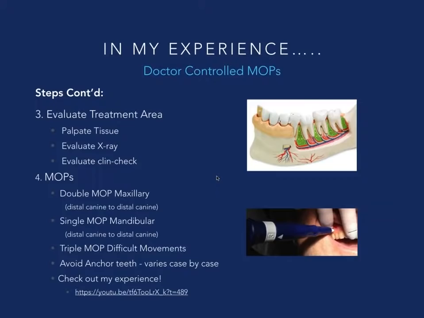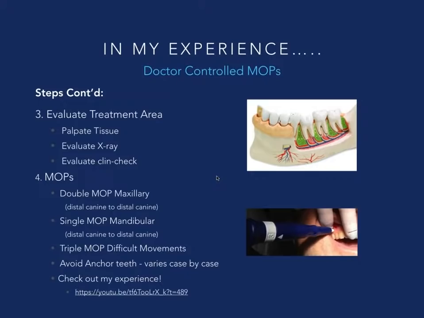With the single, I can really find a spot on the lower where I don't have to worry about causing damage to the mucosa, which would take more healing time for the patient. And if you've got a really extreme movement, yes, I have used a triple dimple before.